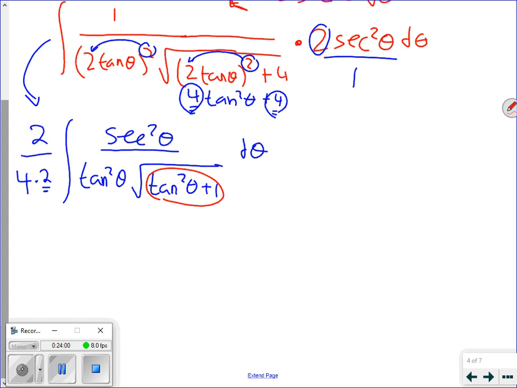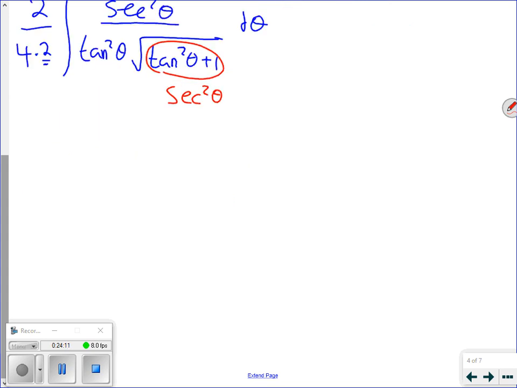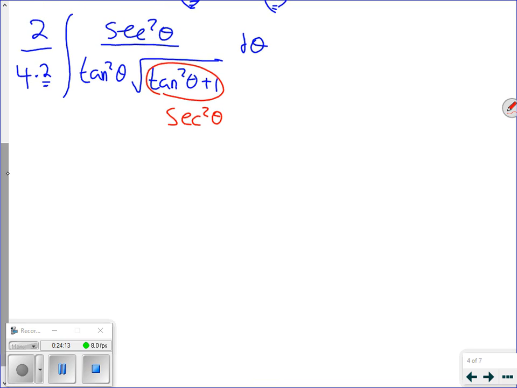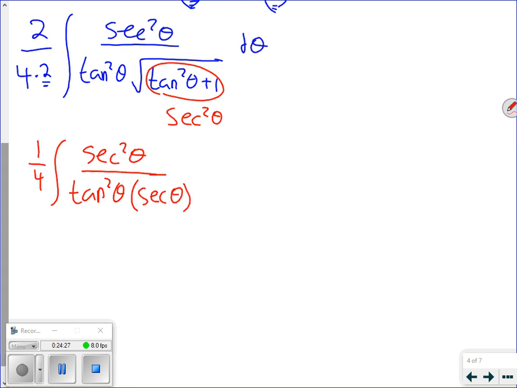So tan squared plus 1 is the same thing, from our Pythagorean identity, as secant squared theta. And well, I'll just write this as a separate step. I don't want to lose too many people in this step. So we have 1/4 on the outside. We have secant squared on top. On bottom, we have tangent squared theta. And then the square root of secant squared is just secant theta.